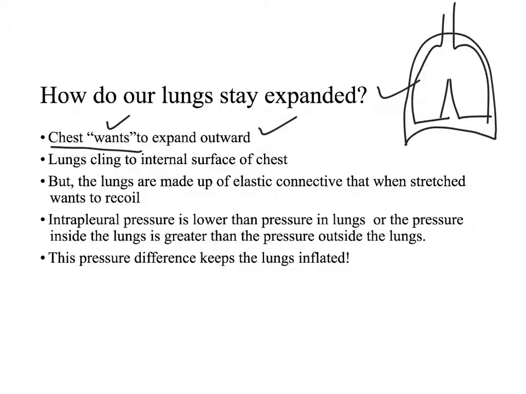And then the lungs cling to the internal surface of the thoracic cavity. So they stick to it. Now the lungs are made up of elastic connective tissue, that when they're stretched, they want to recoil.